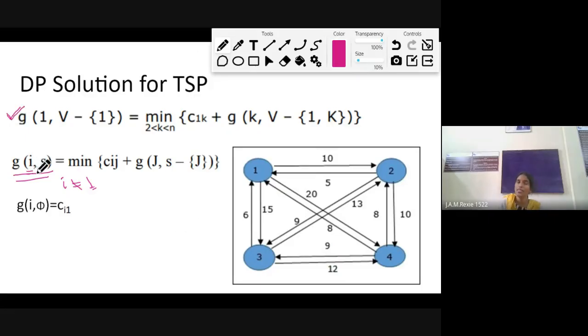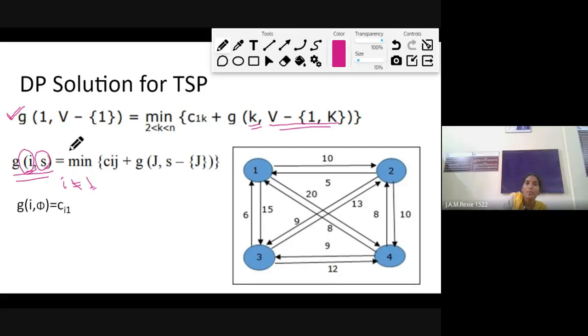For the remaining vertices, again, now what will I be having? I will be having a source vertex k, so a source vertex i. Then I am having a set of vertices V minus 1 comma k, right? So I will be having some set of vertices. For that, the least cost will be, again, from i through S. Among S, I can choose any of the vertices as the immediate vertex, right?